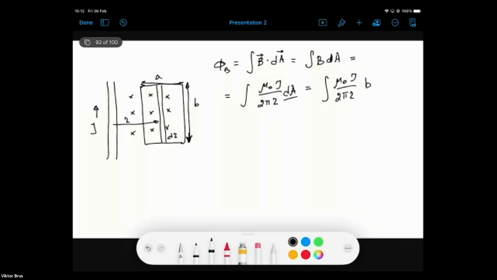Then here will be b times dr. So now we need to factor out from this integral all constants. It will be mu naught I b over 2 pi. And under the integral, we will have dr over r.